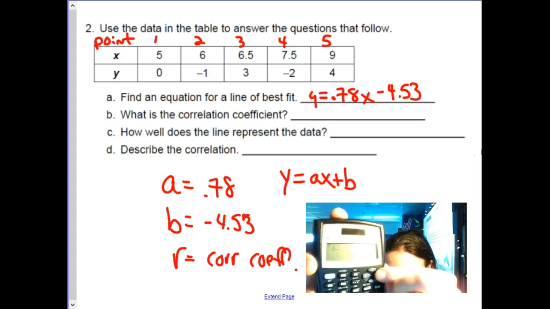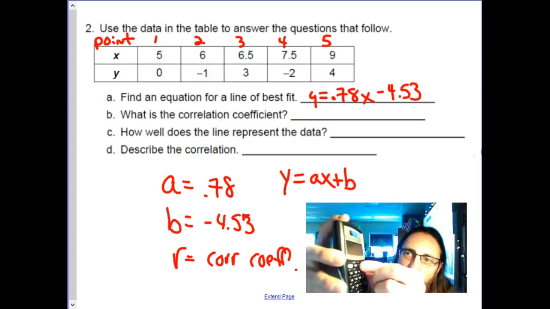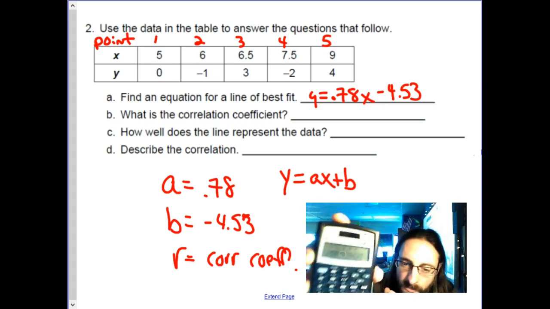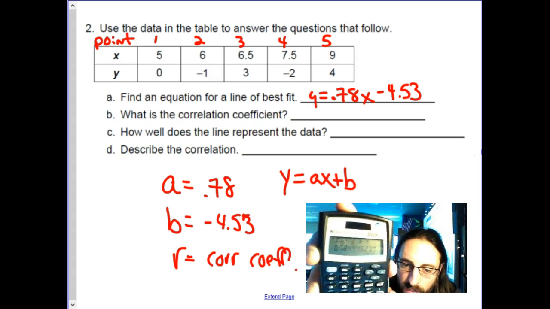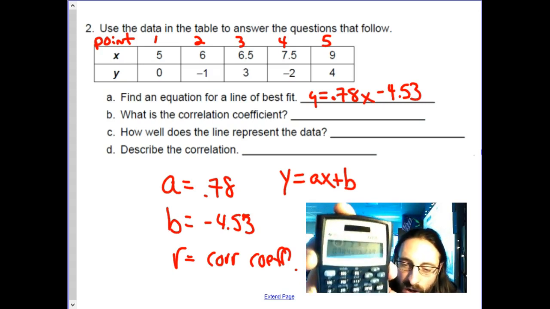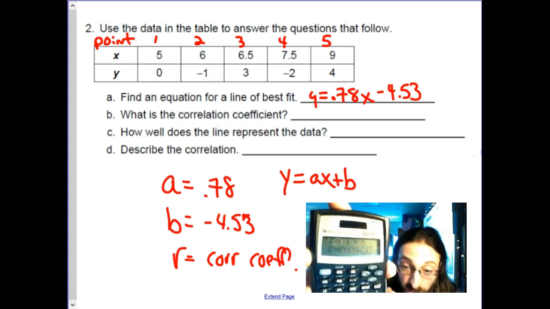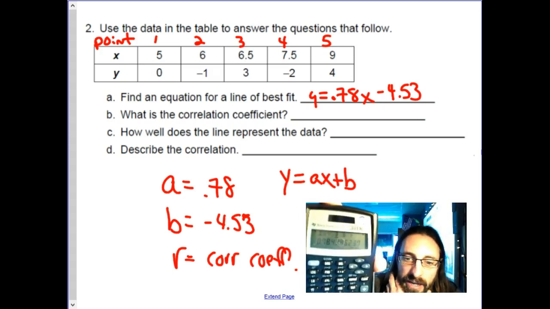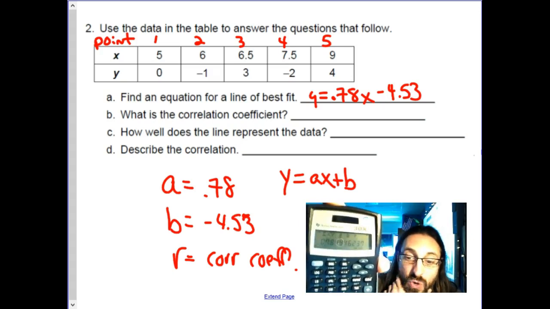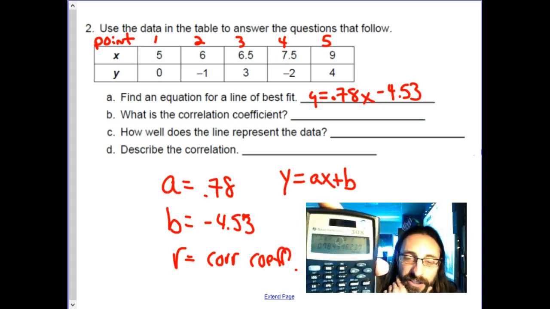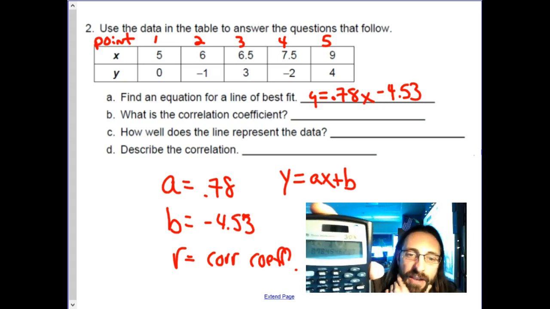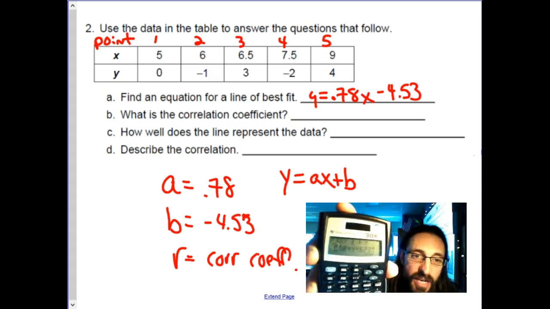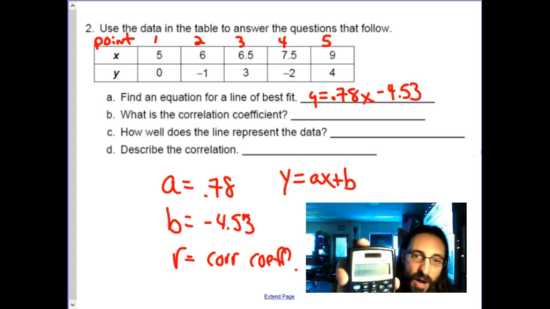And the last 3 are the ones we really want: A, B, and R, where A is the slope, also known as M. I don't know why they don't just call it M. B is the intercept, and R is the correlation coefficient. And if you use that information, it is really helpful. And you can test any one of these points to see how well it predicts.